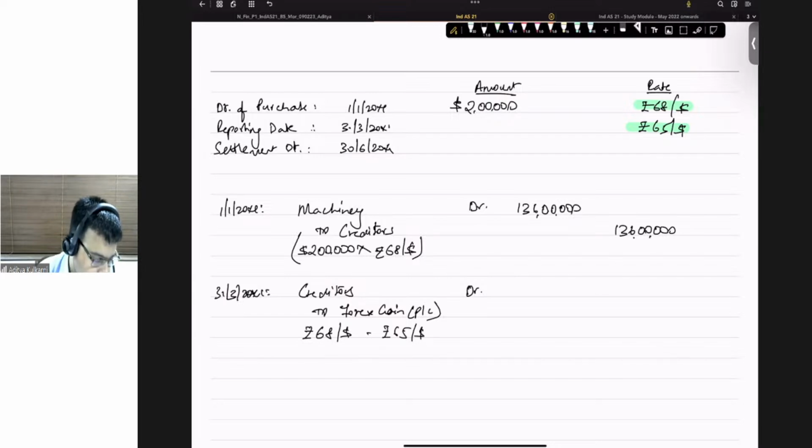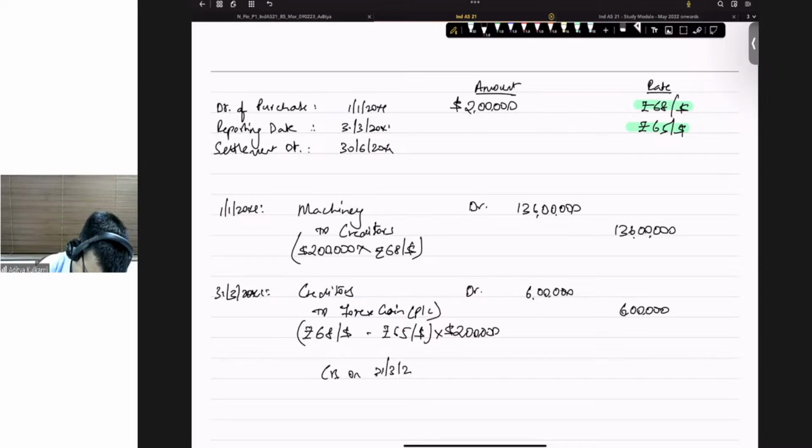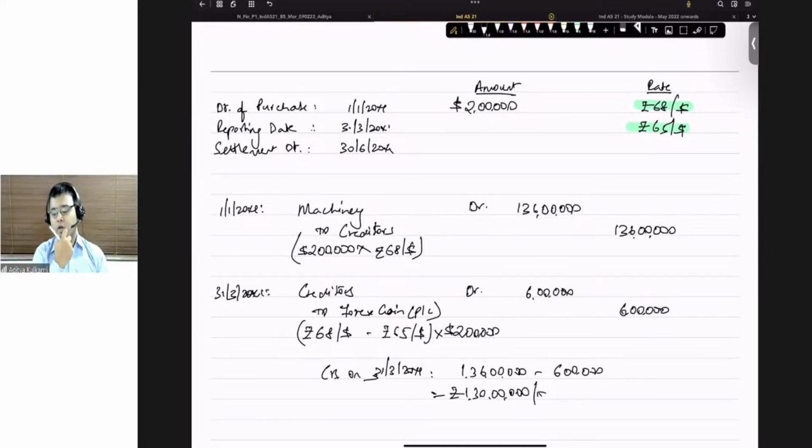Okay, so 68 minus 65 into 2 lakhs. So this gives you how much? A gain of 6 lakhs. Okay, so you will now state your creditors at 1 crore 36 lakhs minus 6 lakhs, 1 crore 30 lakhs.